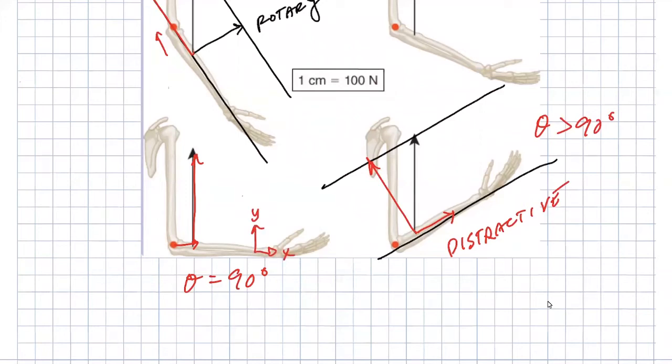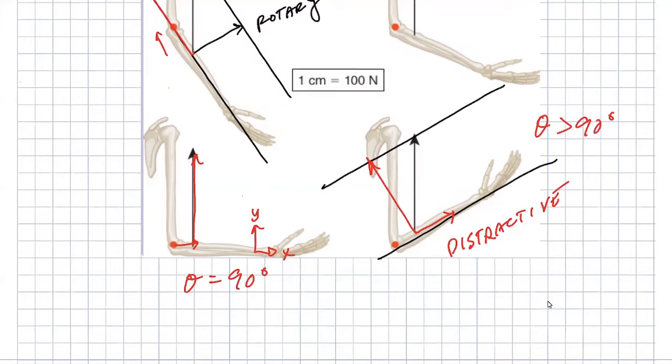So there is no distraction or compression force at 90 degrees. There's only rotary, which is the reason why at 90 degrees, you're able to maximize, we call it a lever arm, maximize the torque that's created by your biceps in order to balance, say, a barbell.